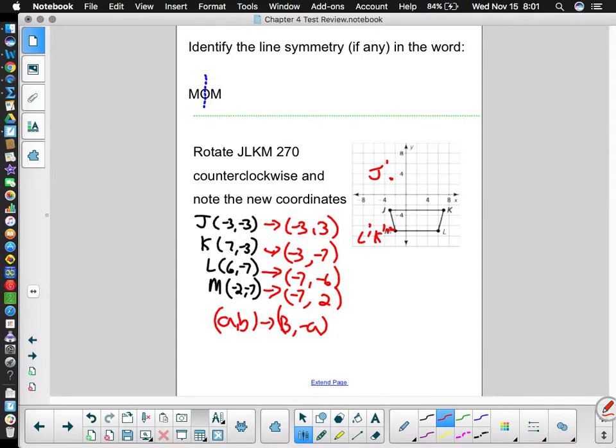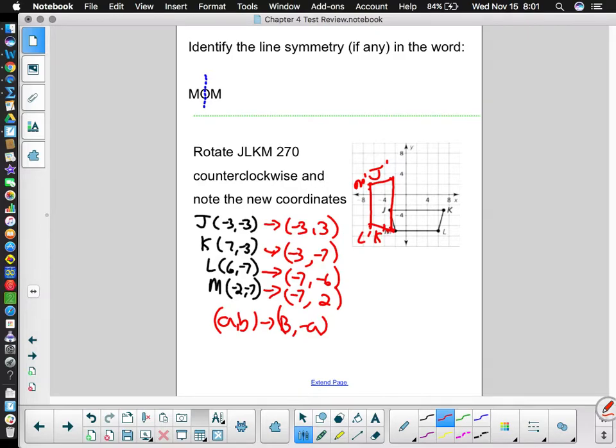And M primed is at -7, 2. Right there. And that's my 270-degree counterclockwise rotation.